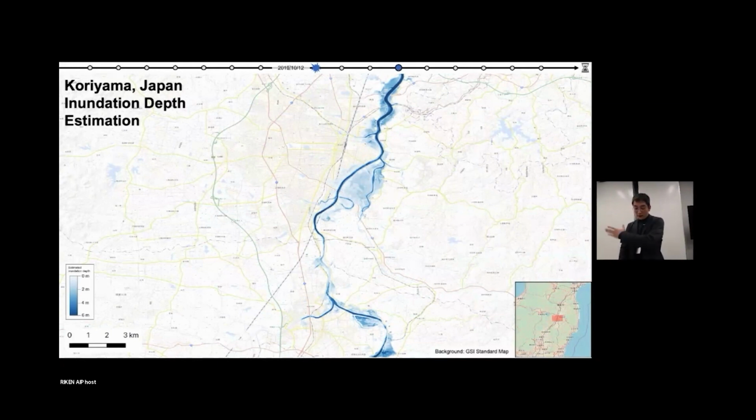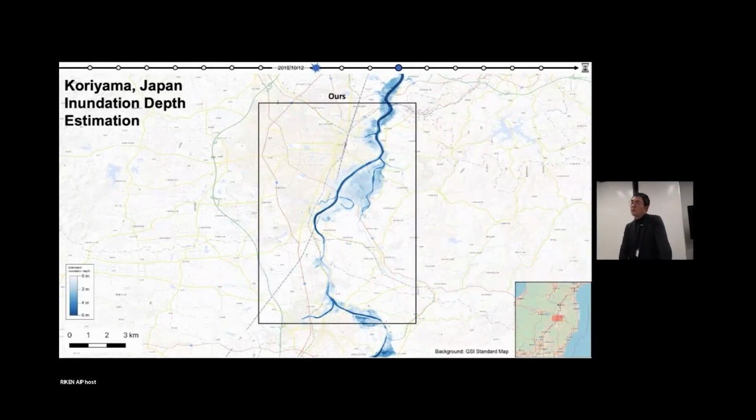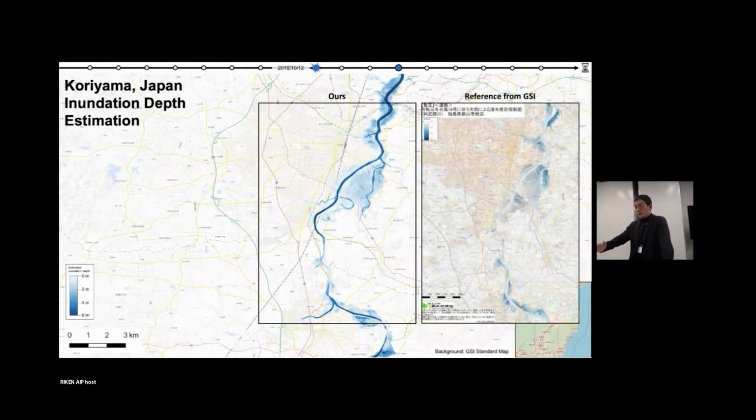debris flow. So this was the mapping result of the inundation depths that we provided through the actual disaster response activities, obtained from synthetic aperture radar imagery together with deep learning and numerical simulation. Compared to the reference data, in Japan, disaster management is very important.